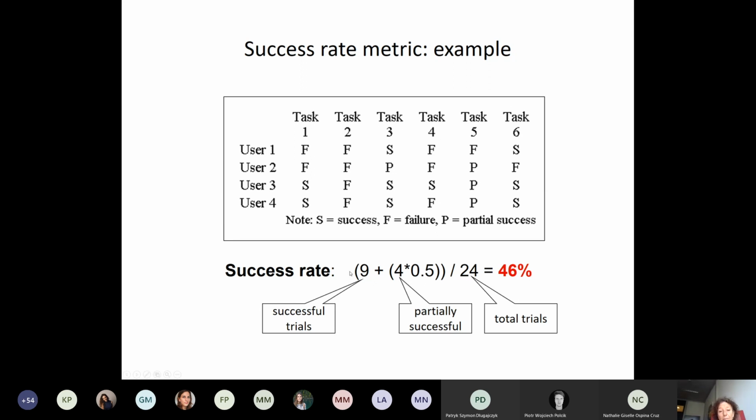And then with this simple formula, putting together successful trials and these different values and weighting them, you get this number, which is an indicator: of course, the higher this number, the more effective the application is for supporting the user in performing this task.